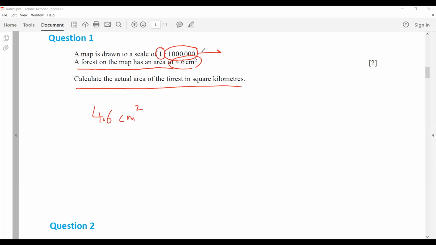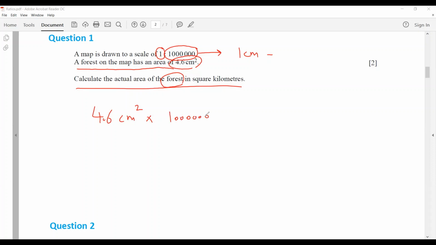However, this tells us that 1 cm is equivalent to 1 million cm in the real forest. So I have to multiply this by 1 million.